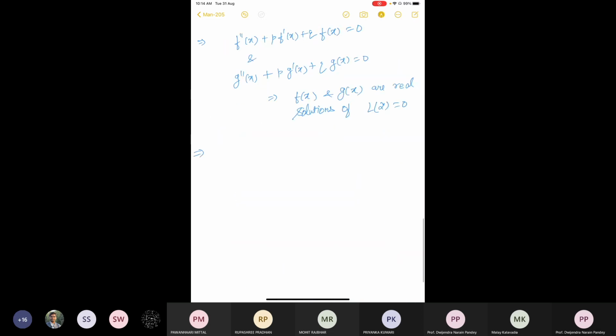So one way to prove this: another claim, y1(x) = e^(alpha x) cos(beta x) and y2(x) = e^(alpha x) sin(beta x) are linearly independent. So how can we prove it?